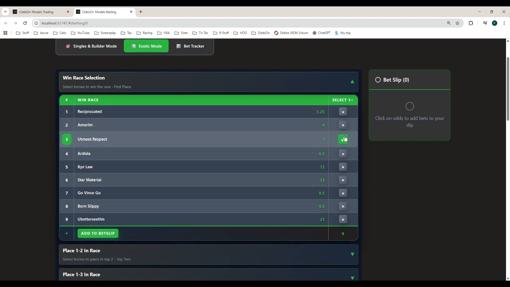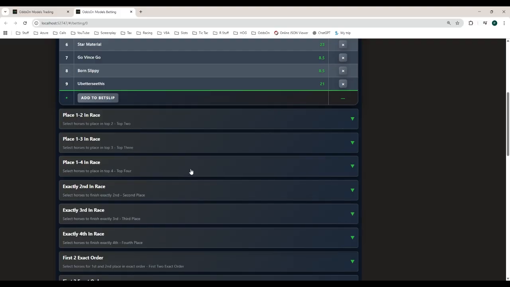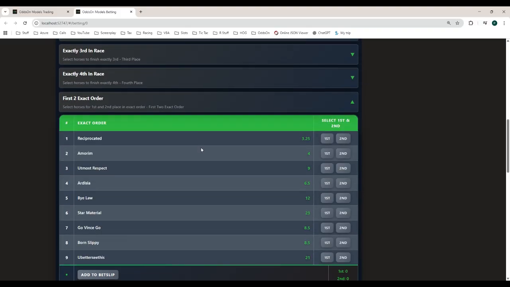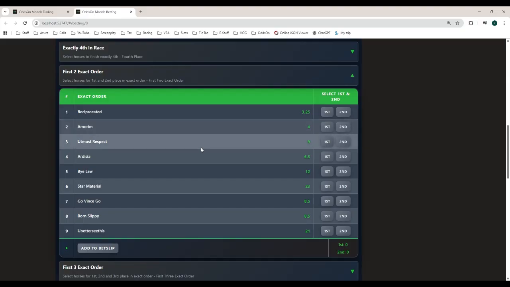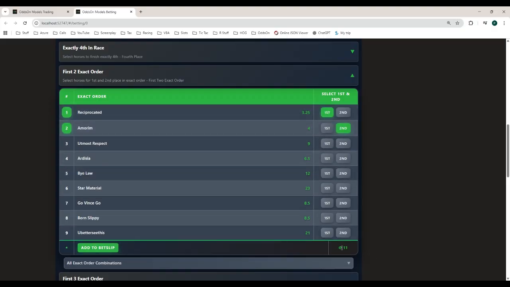You can do the same for the positions, first to second, to become exactly second in a race. You've got all these kind of different combinations here. But let's go to the first two now. So this is the Australian Exacta, what's called the straight forecast in other places. So if I just pick a simple one, this is the same one I think we looked at earlier, the favourite. So this is decimal price of 11, which is reciprocated to beat Amarim again.